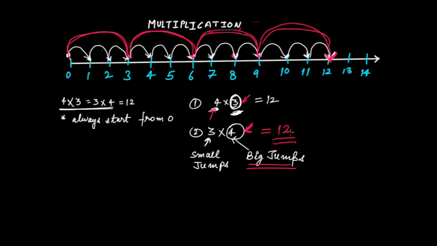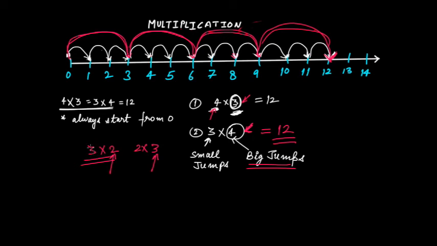So you saw it. Similarly, suppose you were asked for say 3 multiplied by 2. So you can check just for practice for 3 multiplied by 2 and 2 multiplied by 3. In this case 2 would be the big jumps, in this case 3 would be the big jumps. Okay, so if I have to explain this one, 3 multiplied by 2, so 2 long jumps made of 3 small jumps, right?